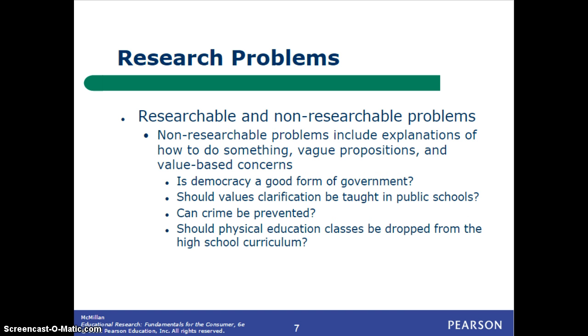Now, some examples of non-researchable problems. You can see they're very vague and basically imply some level of value that's being expressed in these questions. Anything where we're vague or we're expressing value, well, those really aren't researchable.